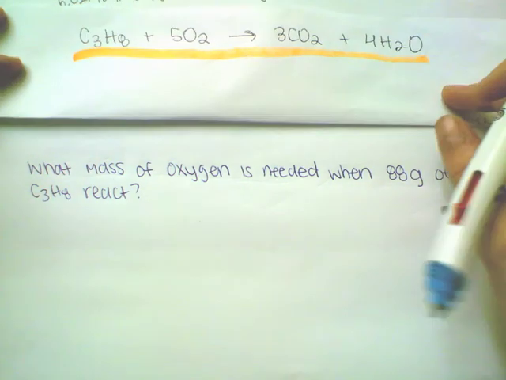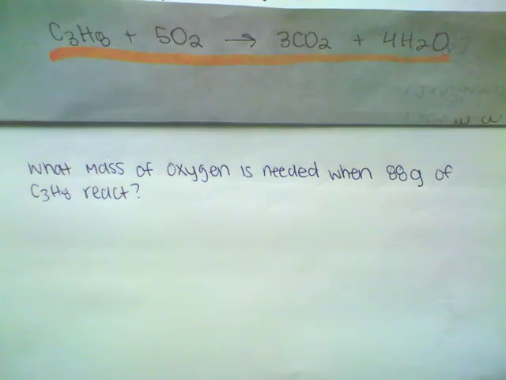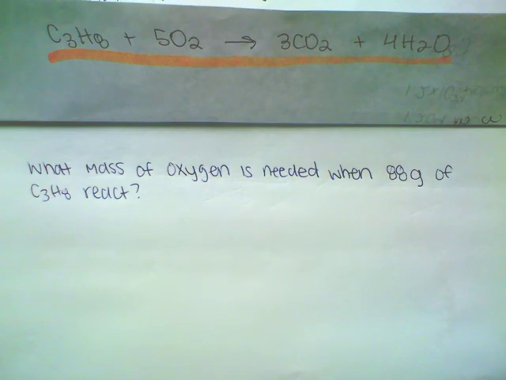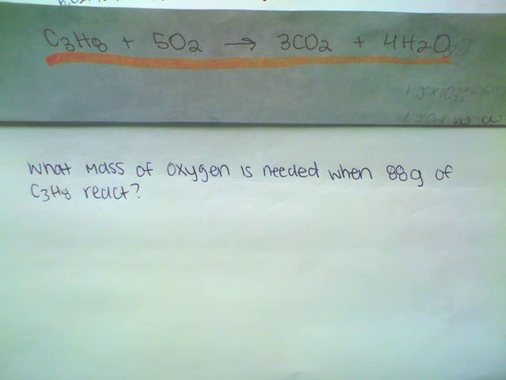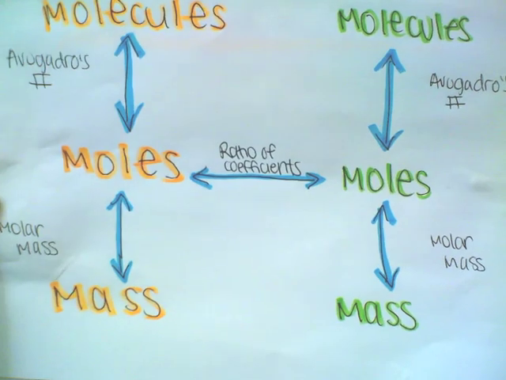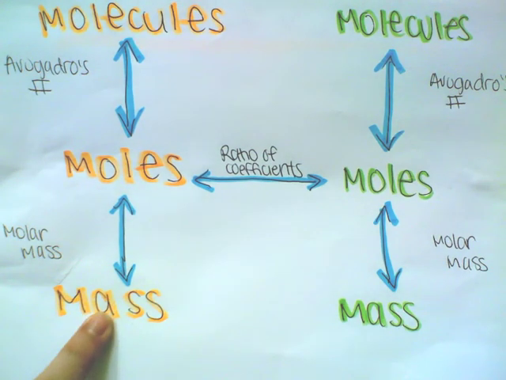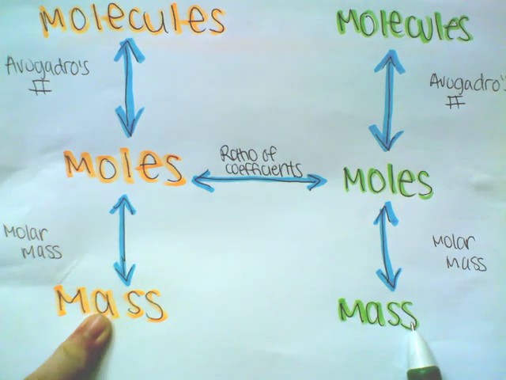So the question says, what mass of oxygen is needed when 88 grams of C3H8, which is propane, react? So we are going from mass of one substance, and you're asked to find the mass of another. Okay, so basically grams to grams.